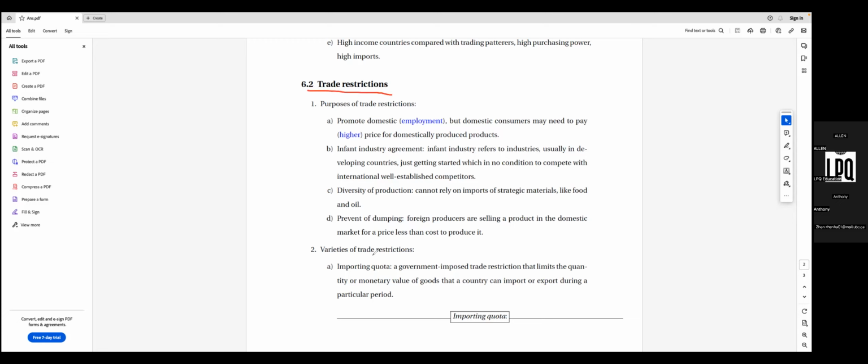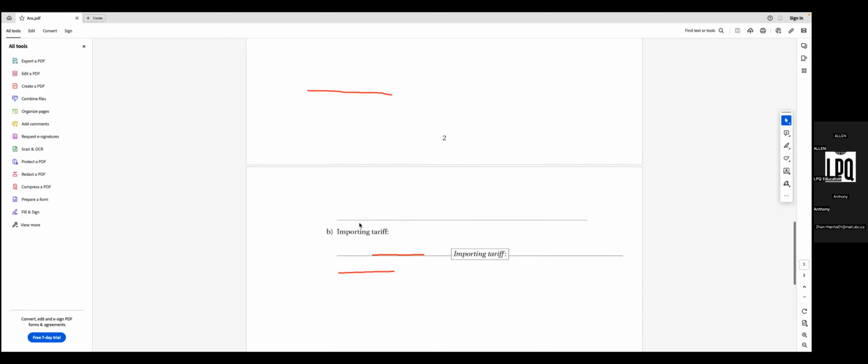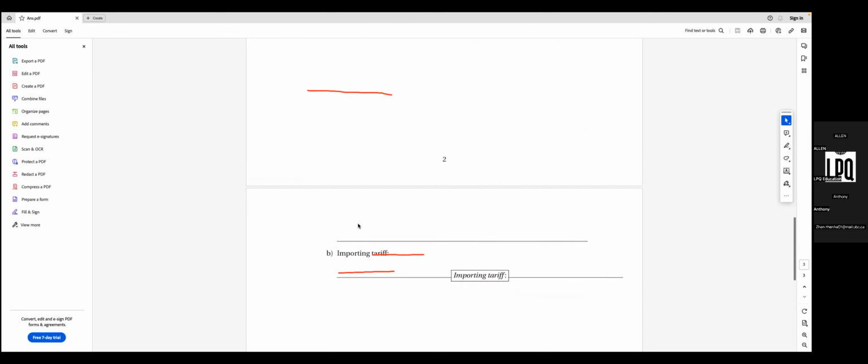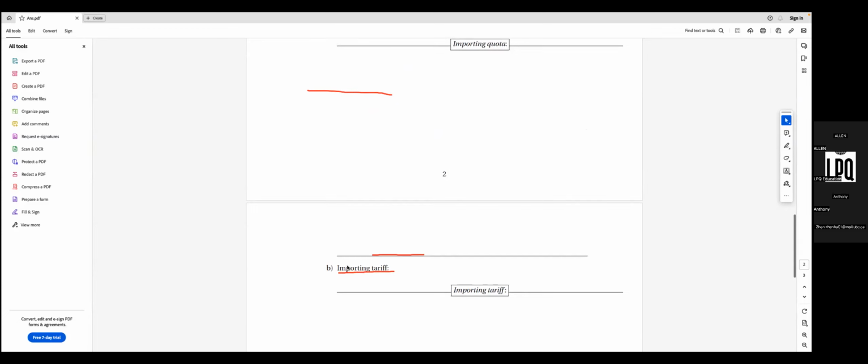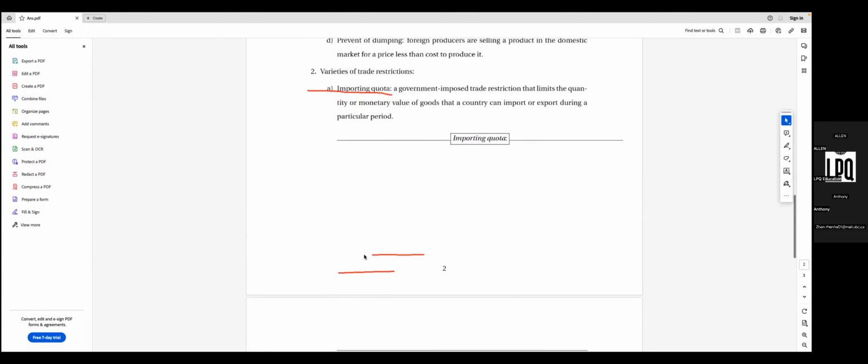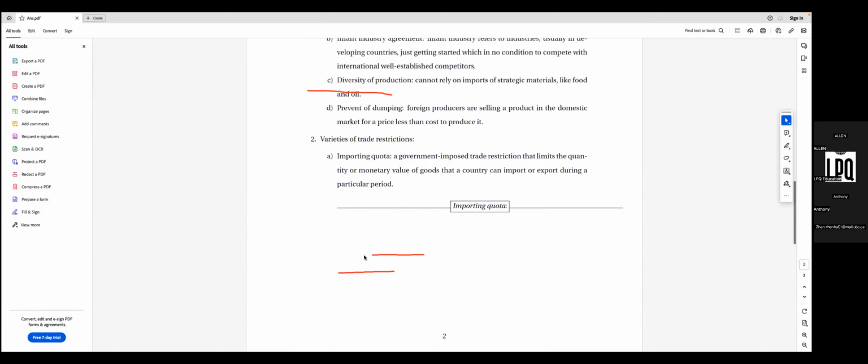And today we need to learn two different types of trade restrictions. The first one is called the importing quota. Another one is called the importing tariff. Actually, we have learned about importing tariff in macroeconomics in notes number 4, where we did a welfare analysis for importing tariff. So these two things together are called trade restrictions.